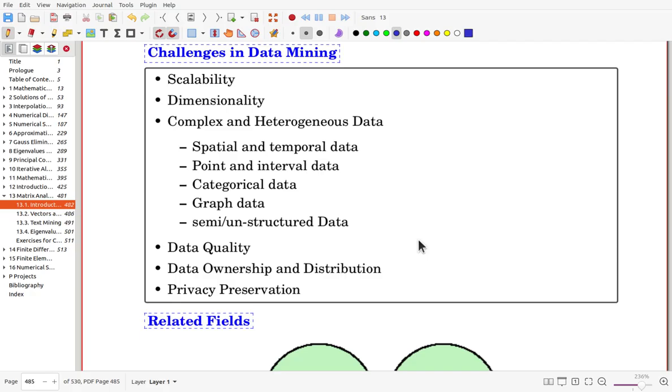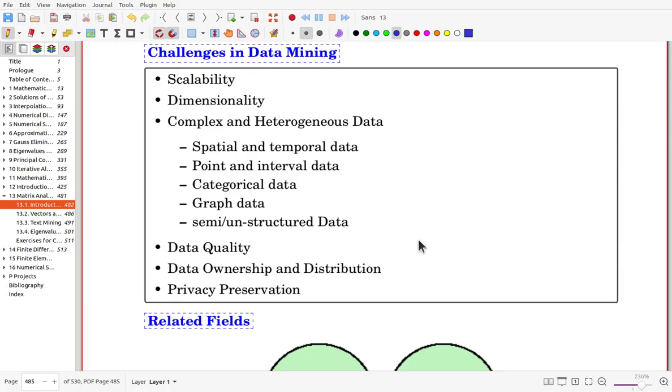Scalability means that the computational cost is proportional to the size of data. But in many cases, the computational cost grows quadratically or cubically, so much faster, which means the cost is way more expensive for large data sets.